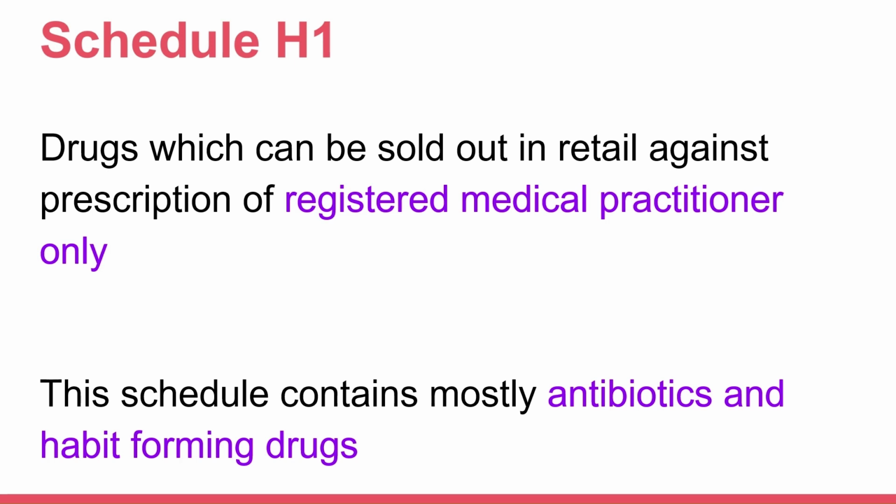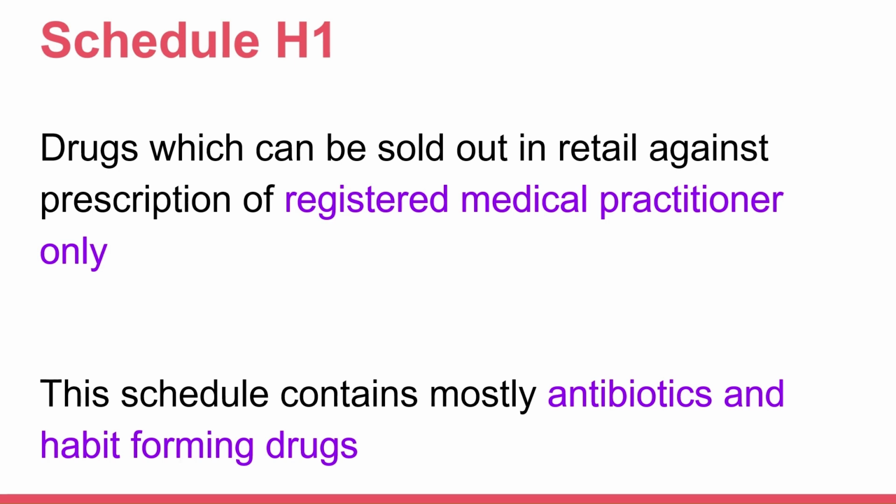Schedule H1 is similar to Schedule H. The difference is that this schedule contains mostly antibiotics and habit-forming drugs. Schedule H is similar to Schedule H1, that is, drugs which are sold in retail against the prescription of a registered medical practitioner.